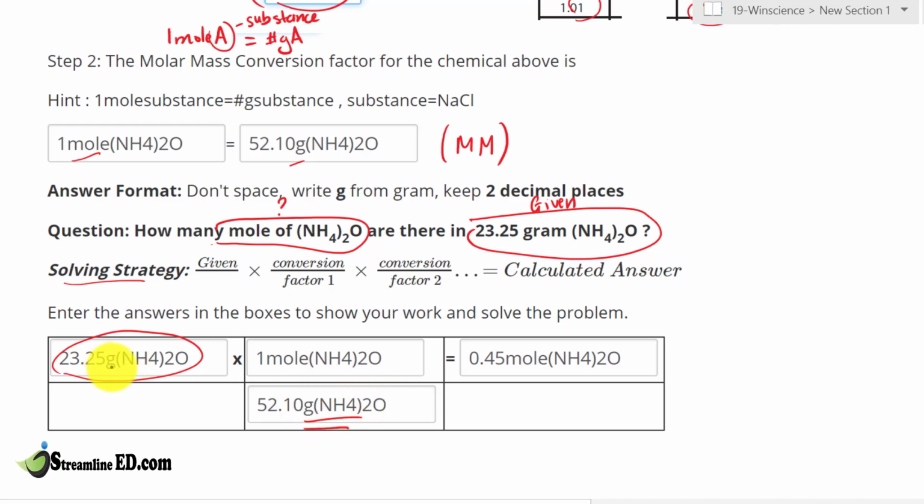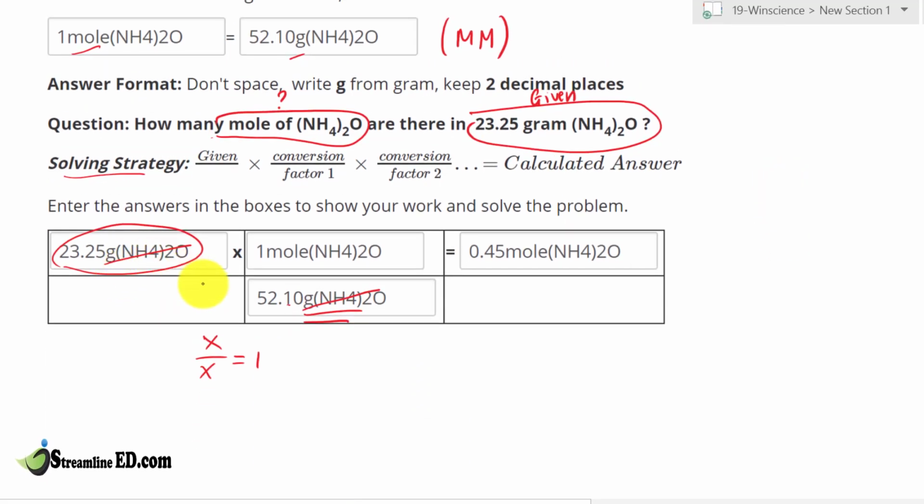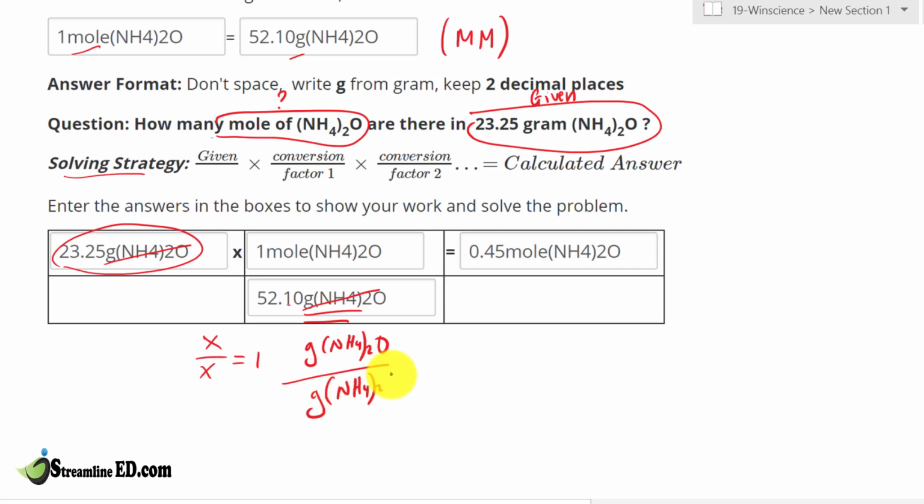And notice we have grams of ammonium oxide divided by grams of ammonium oxide, just like x divided by x equal to 1. In this case, grams of (NH4)2O divided by grams of (NH4)2O is also equal to 1.